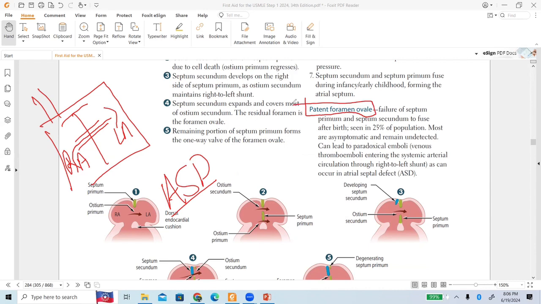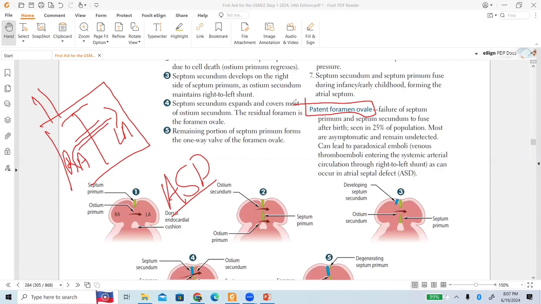One more thing, does infective endocarditis increase the risk of the emboli or not? I'm asking a question to you. I think yes, it should.